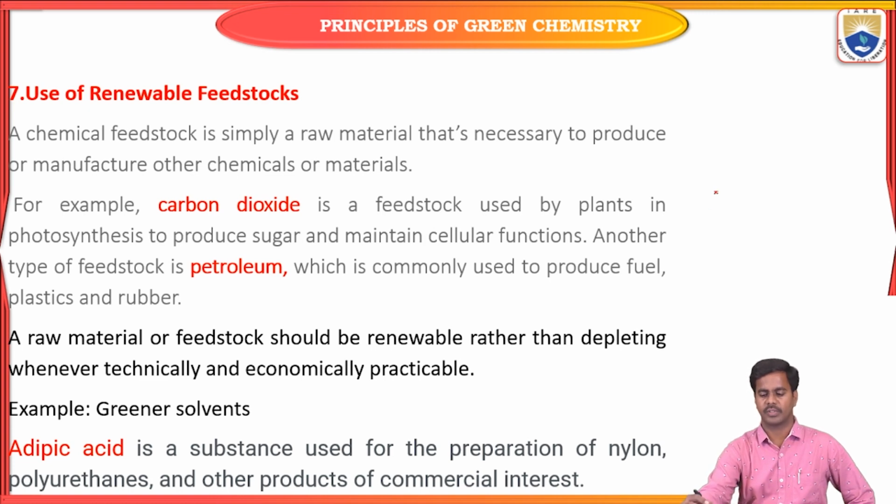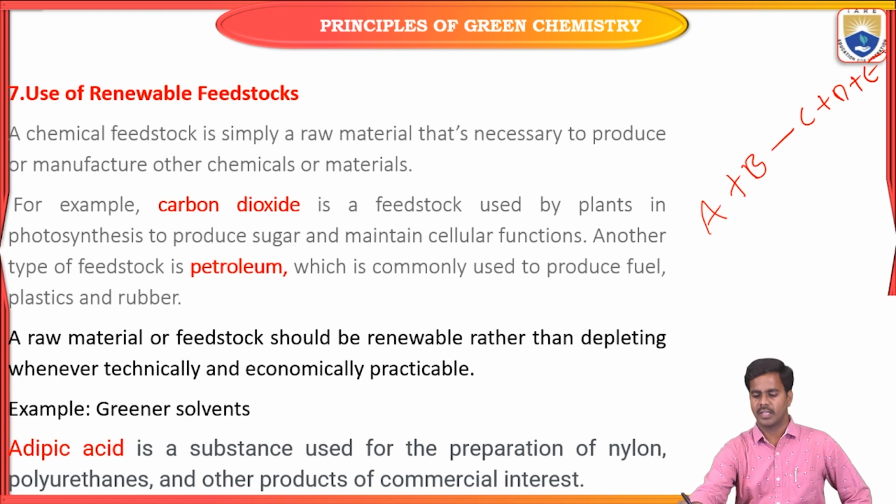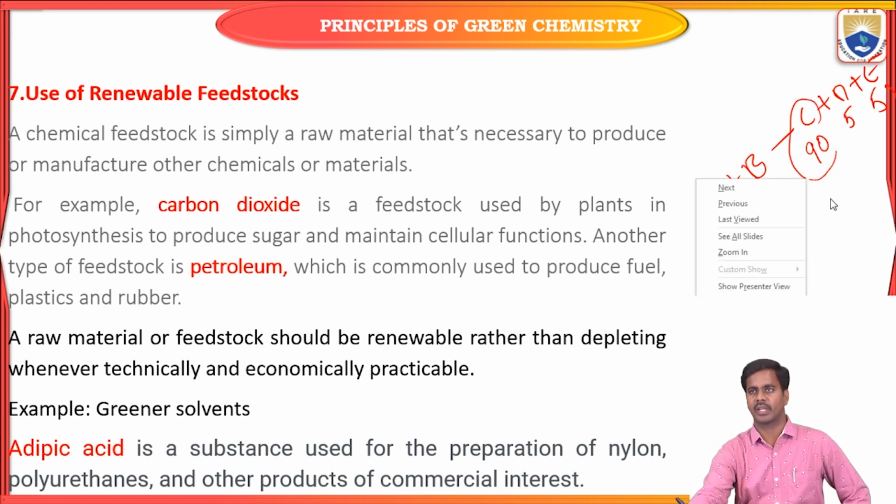Suppose you take a reaction A plus B gives rise to C plus D plus E. Here C is formed 90%, D is formed 5%, and E is formed 5%. When comparing these three products, product C is the major product or our desired product.